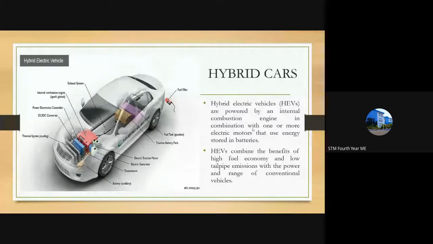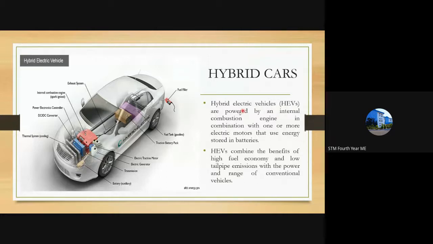You can see here the engine is provided here, and there is a battery pack provided near the fuel tank. The fuel tank is provided here and the battery pack is provided here, and it is connected by means of an IC engine. This is one of the types of hybrid car which we will be studying later on.